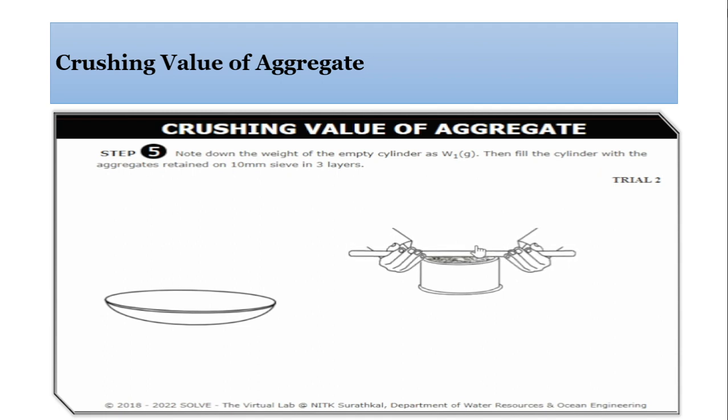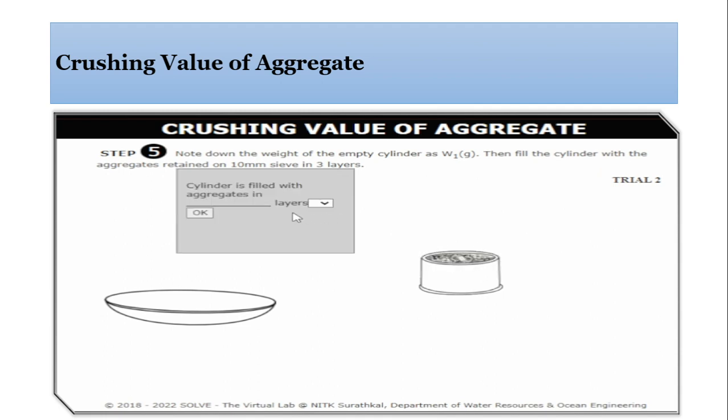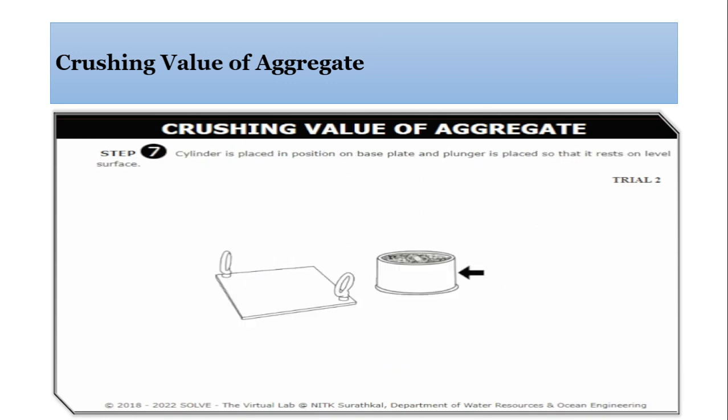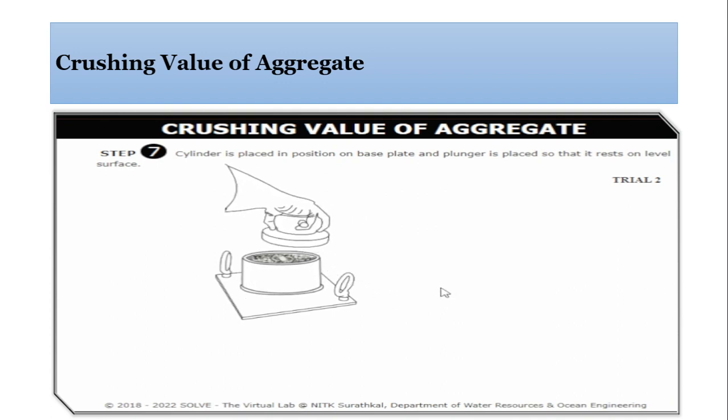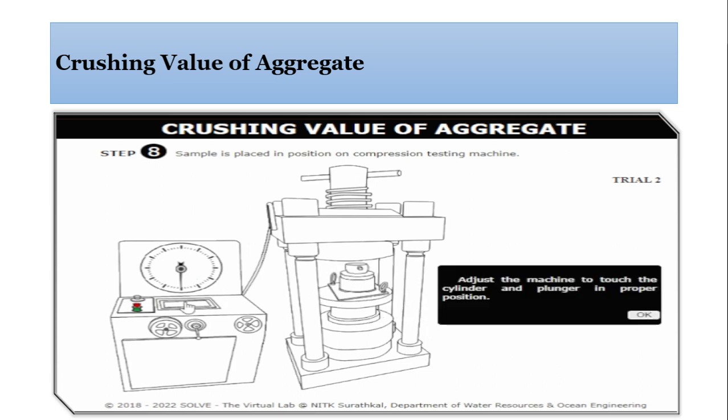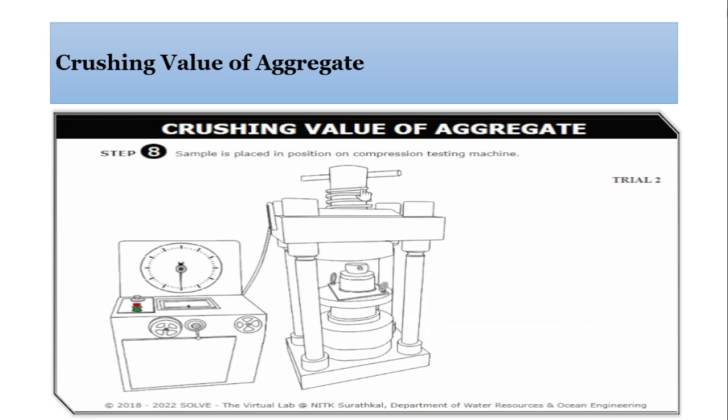Finish the surface, put the mold on the weighing balance, calculate the weight of aggregates, put the plunger on the crushing mold, put the assembly in the UTM machine, and again apply the load for 4 tons to 40 tons in 10 minutes.